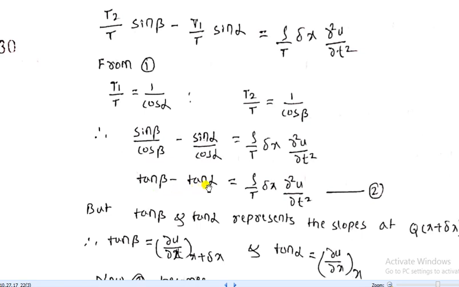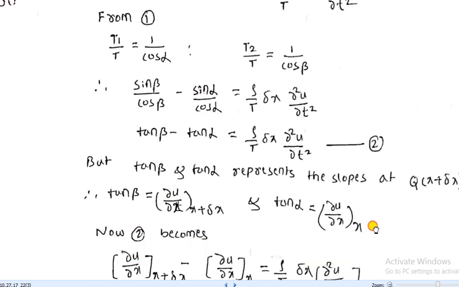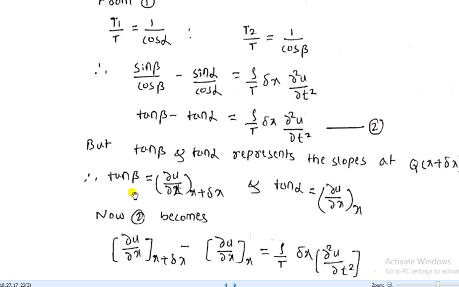Here tan beta and tan alpha denote the slope at the points P and Q on the vibrating string. This slope can be taken as tan beta equal to ∂u by ∂x at the point x plus delta x, and tan alpha equal to ∂u by ∂x at the point x. So we use tan beta and tan alpha in equation number 2.